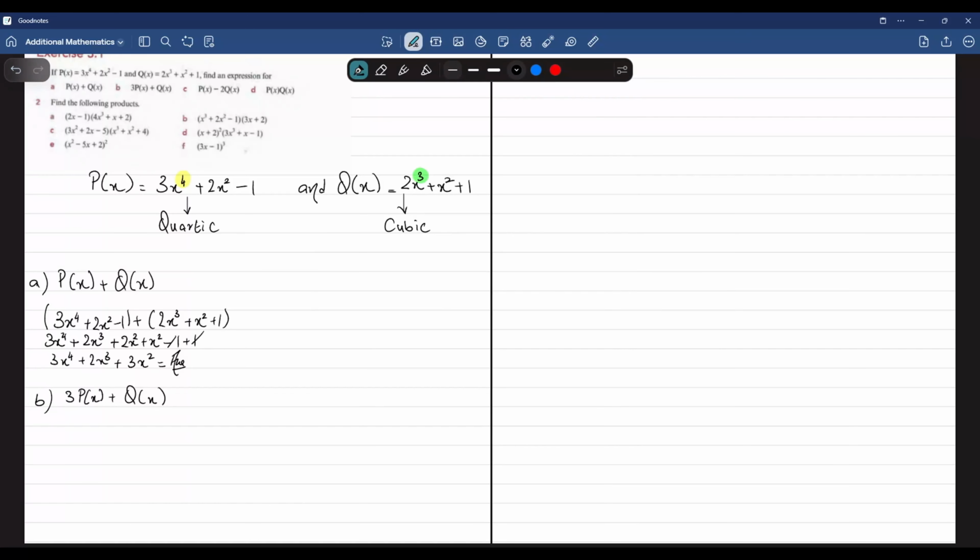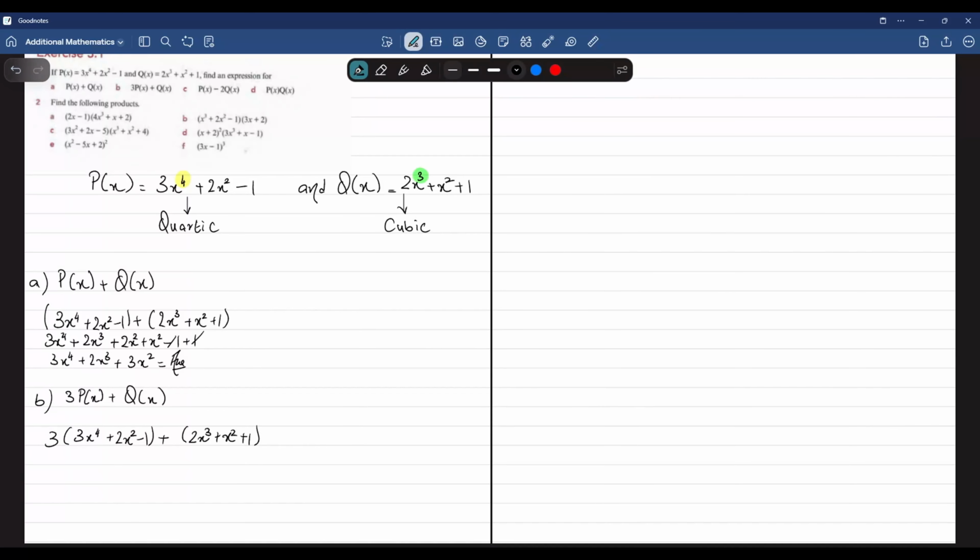So 3px plus qx would be equals to 3 multiplied by px, which is 3x raised to the power 4 plus 2x squared minus 1. Again, in brackets, as you can see, it's essential right now. Plus qx would be 2x cubed plus x squared plus 1.